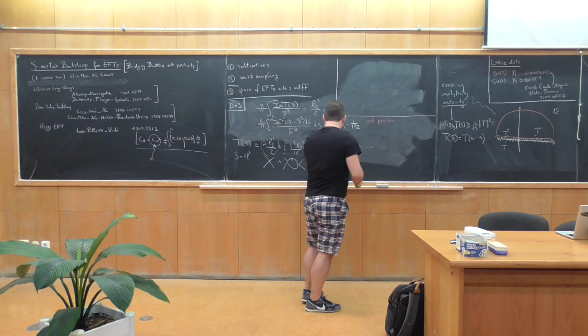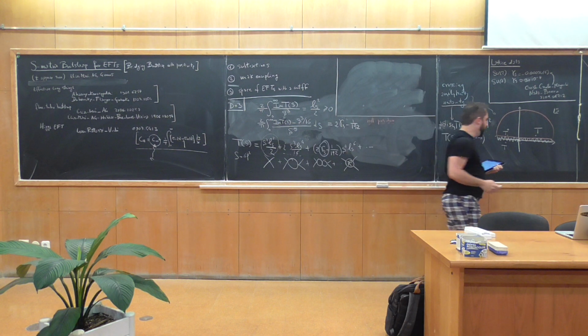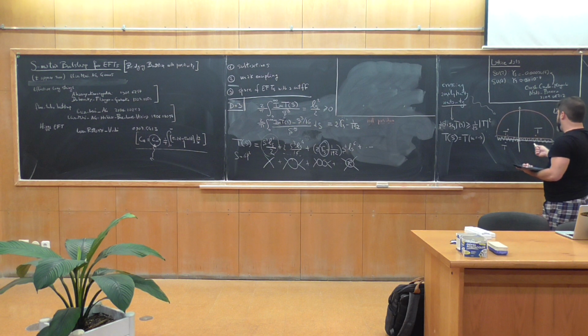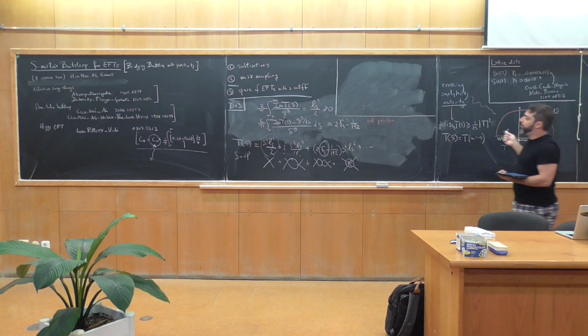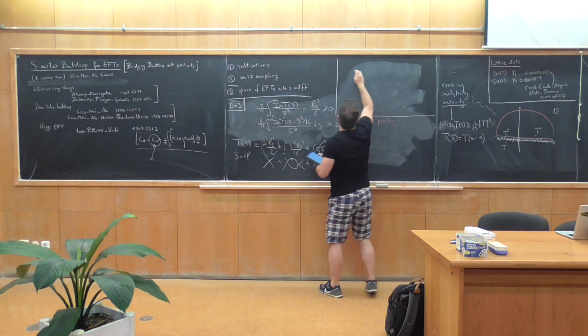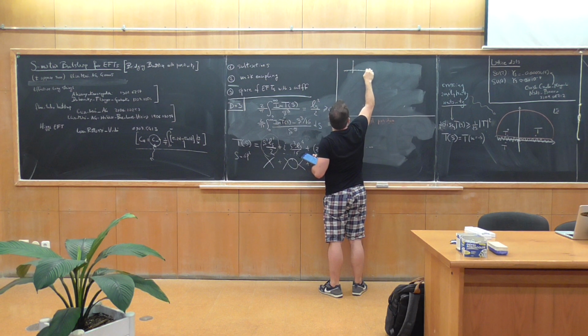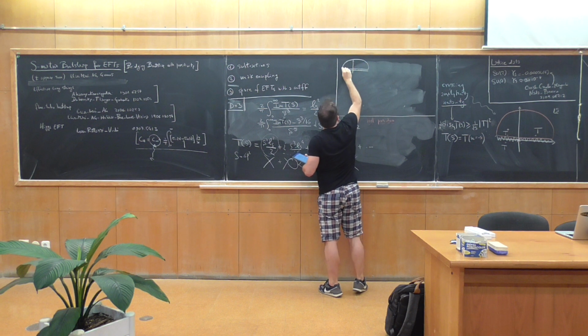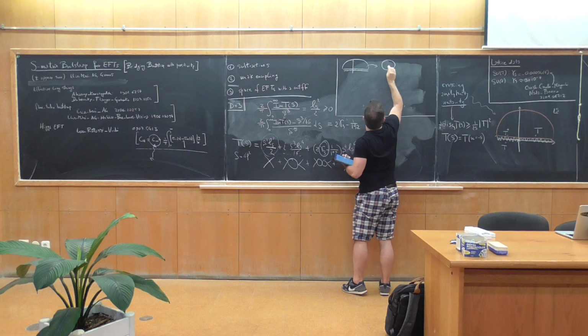So to bound gamma 3, what we usually do is, as our friend said, to use the fact that all the information of this function is encoded just in the upper half plane. So the only thing we need to do is to map the upper half plane to the unit disk. So we take our function, which is defined in the upper half plane, and we perform a map from the upper half plane to the unit disk.